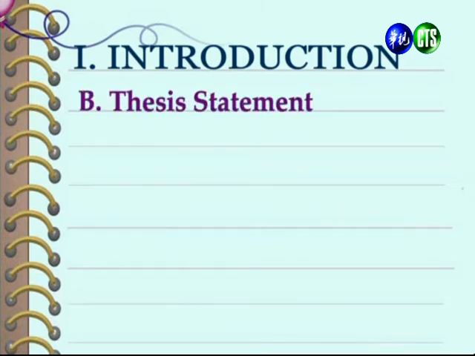Right. Next, we need a thesis statement. A thesis statement usually lists the main ideas in each of your body paragraphs. However, a process paper often has many steps, and the body paragraphs of a process paper are usually used to explain each of these steps.